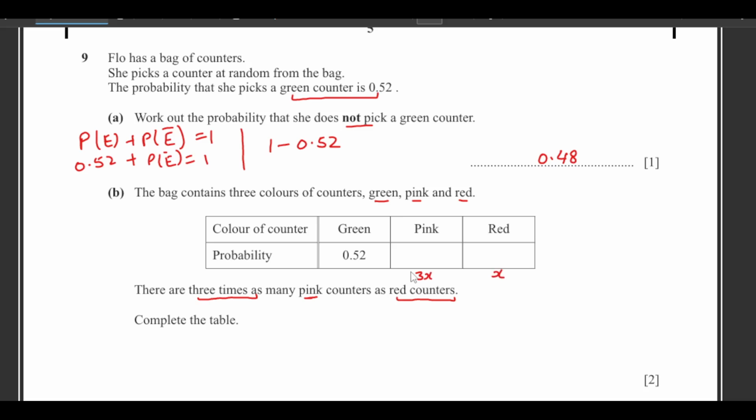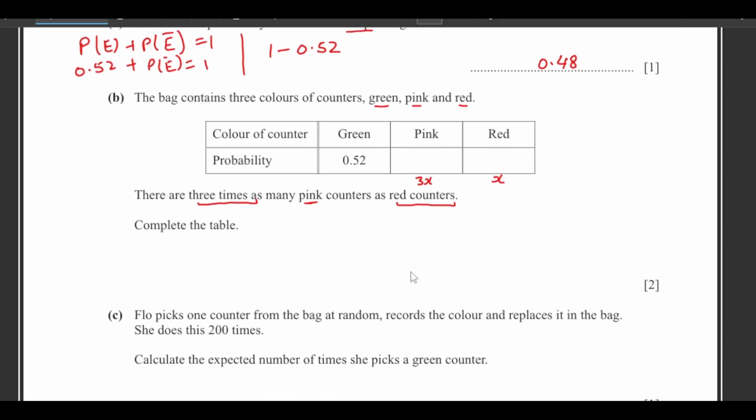So, now complete the table. We know that the sum of all these probabilities should be 1. So, 0.52 plus 3x plus x is 1. So, 0.52 plus 4x, 3x plus x, is 1, then 4x is 1 minus 0.52, right. So, this is 0.48. Okay.